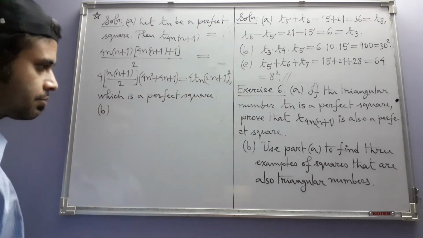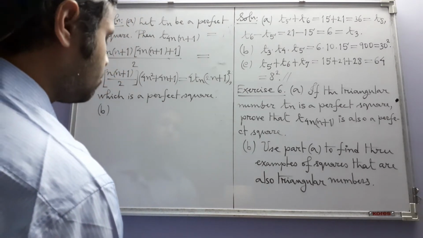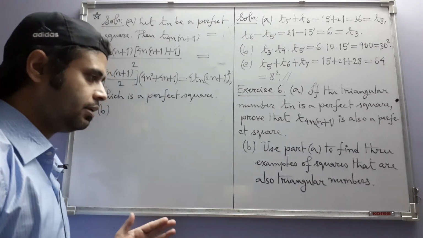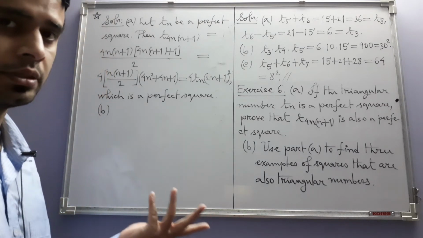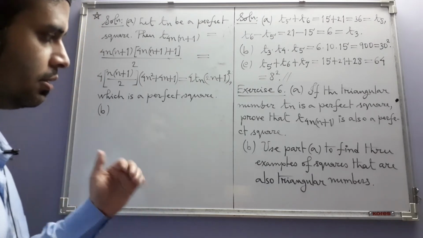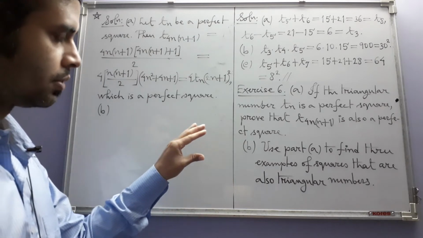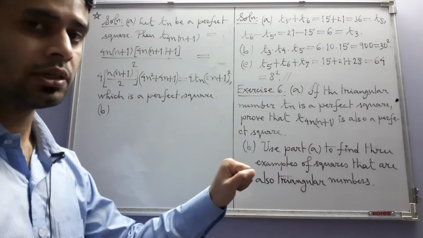Then part B. This is one of the very nice things about this book. In many of the exercises you will see this pattern, that there are parts where one part is theoretical.